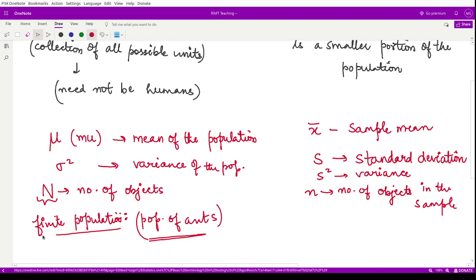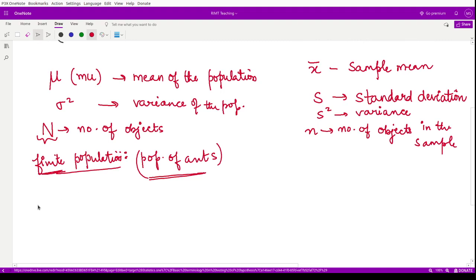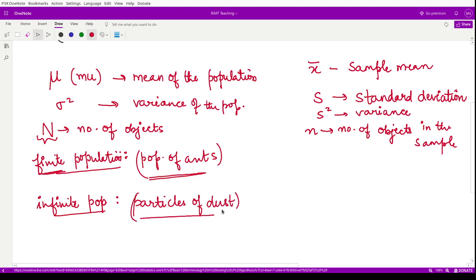But still, you are able to count them. So that comes under the category of finite population. And then infinite population, which would have an infinite number of objects. If we are talking about particles of dust, basically you cannot count them, right? So this could also be one example of infinite population.